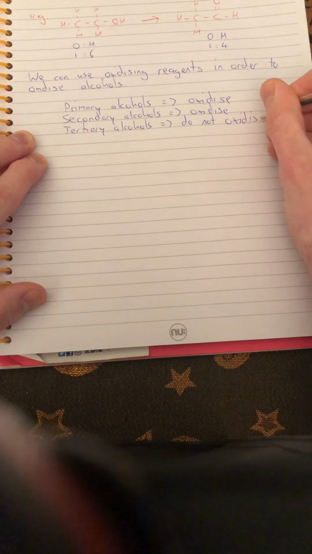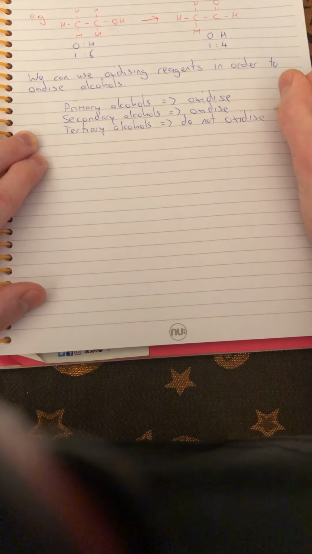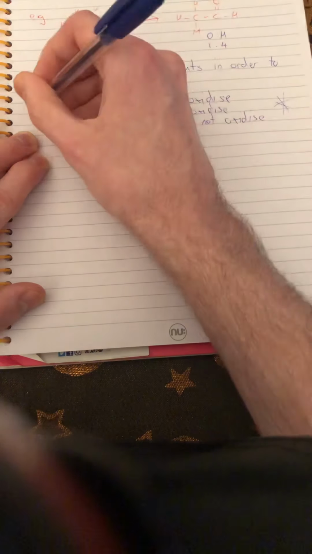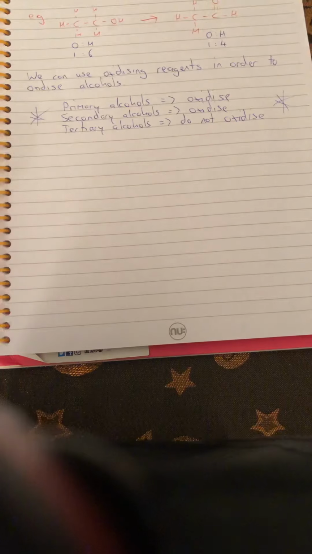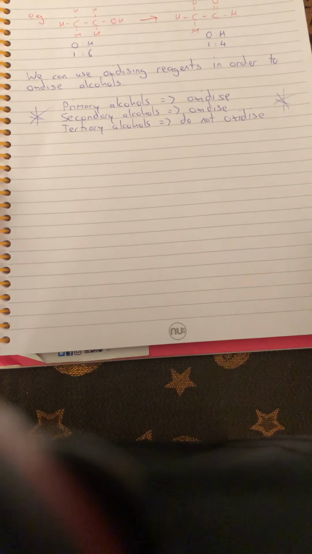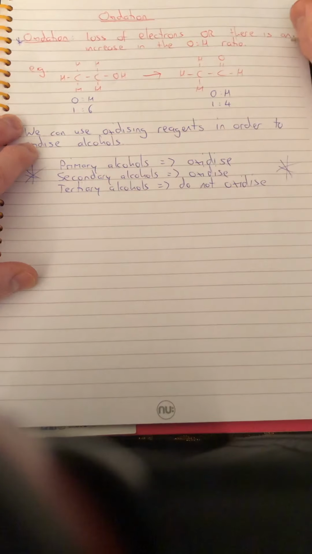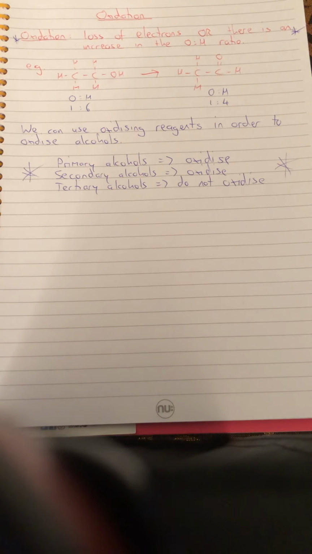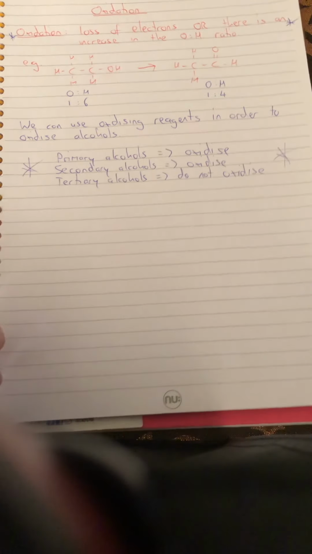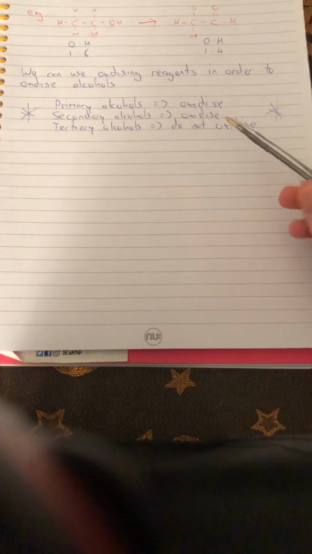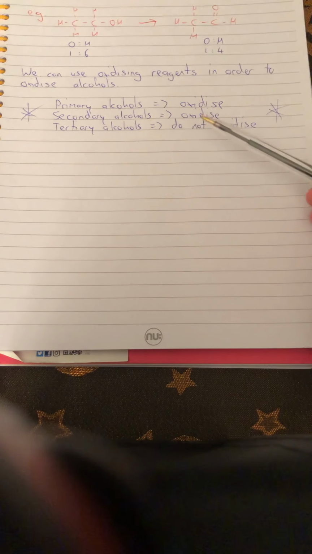And that is very important, as is, by the way, the definition of oxidation, because you can be asked what is meant by oxidation. Right, so primary alcohols oxidize, secondary alcohols oxidize, tertiary alcohols do not oxidize. That's what you should have got from the lesson on Friday.